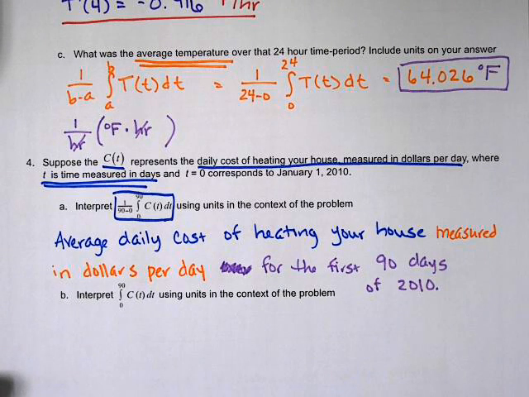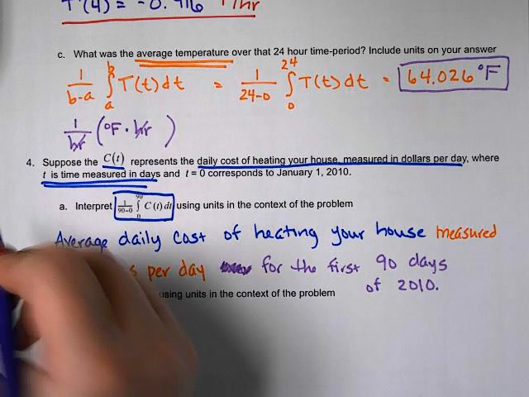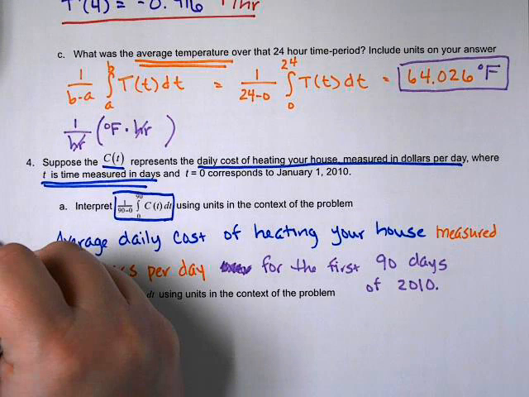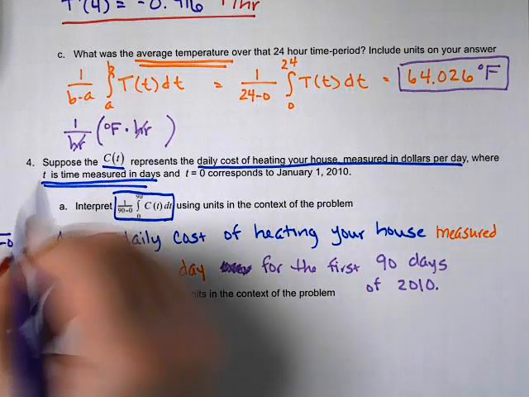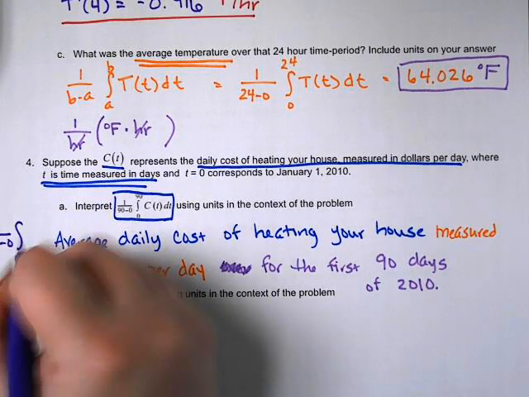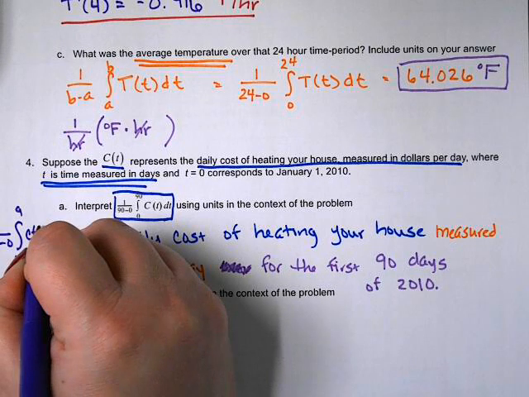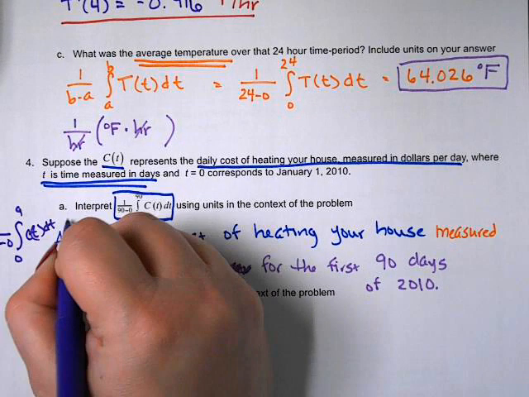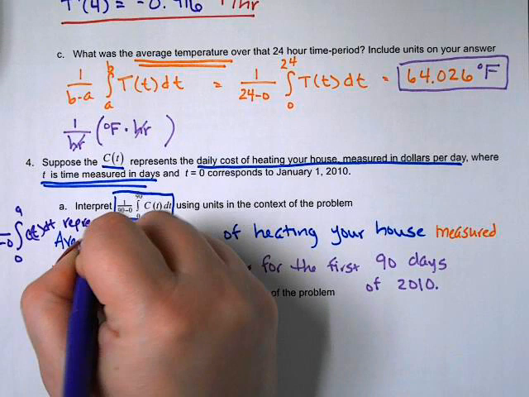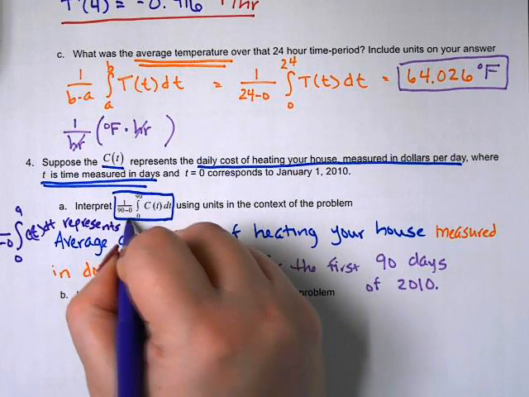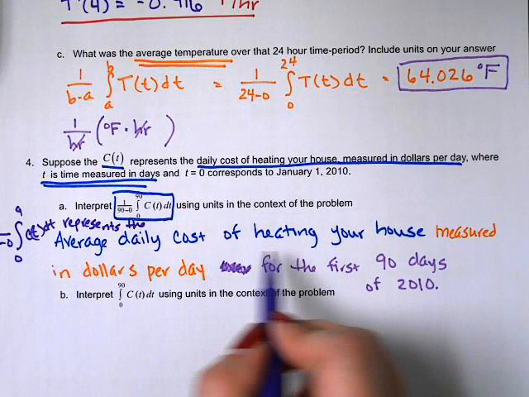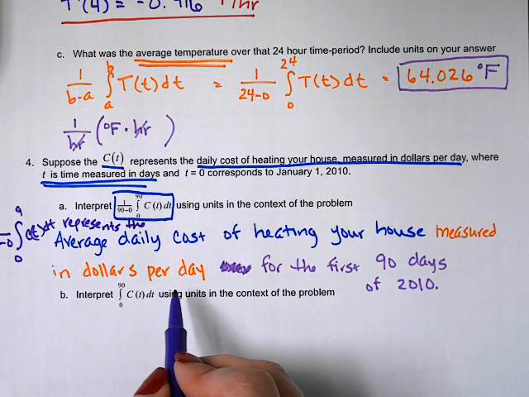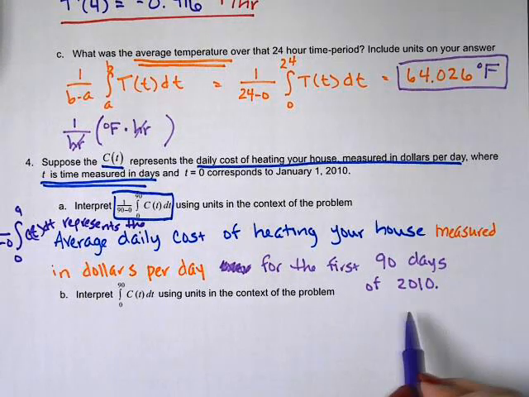Now we could say just over the interval from t equals 0 to t equals 90 days, but if we want to be more specific to what this problem actually talks about, we can write it that way. And again, I forgot to put the thing that we're talking about: the integral from 0 to 90. So this thing represents the average daily cost of heating your house measured in dollars per day for the first 90 days of 2010.